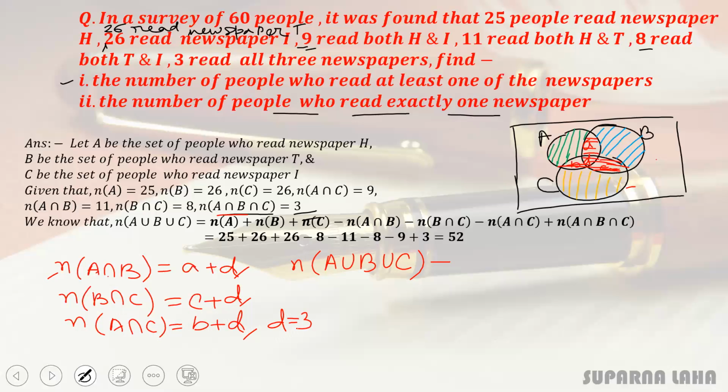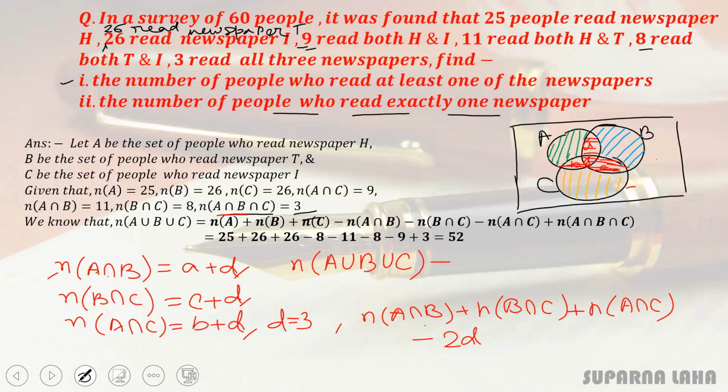Now if we need to find this red shaded portion, this value is given by the number of elements in A intersection B plus the number of elements in B intersection C plus the number of elements in A intersection C minus 2D.